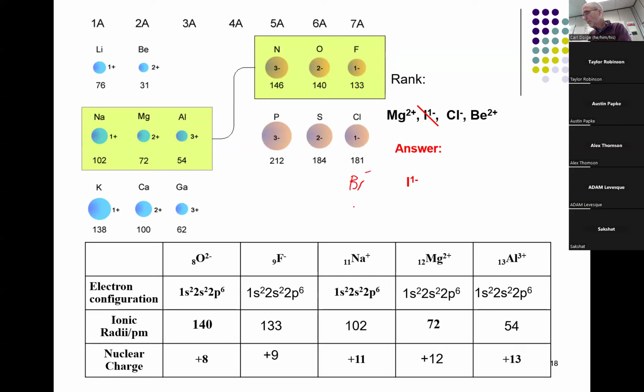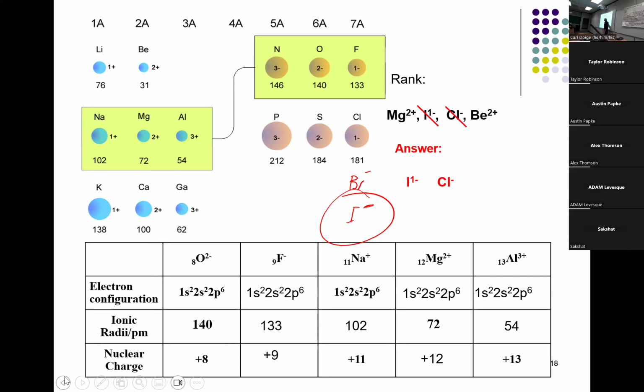And below bromide is iodide. So iodide would be arguably the largest. And next, while I can't compare iodide directly to magnesium and beryllium +2, I can compare it to the chloride because chloride is found just above. Right? So going this way, things get smaller.